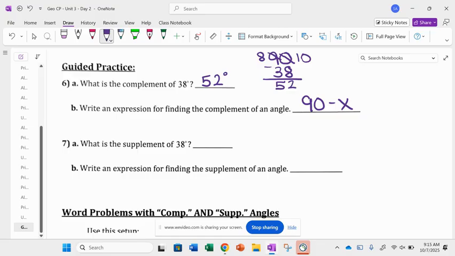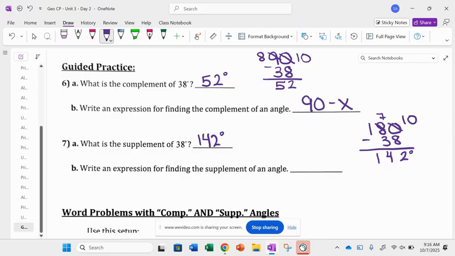All right, the supplement of 38 degrees, do we all agree we're going to do 180 minus 38? So this becomes 10, this becomes 7. 10 minus 8 is 2, 7 minus 3 is 4. We have 142 degrees.